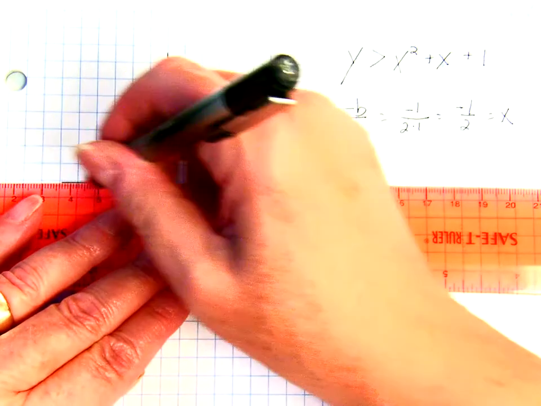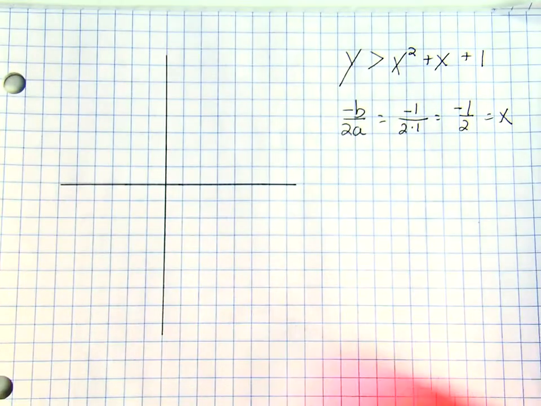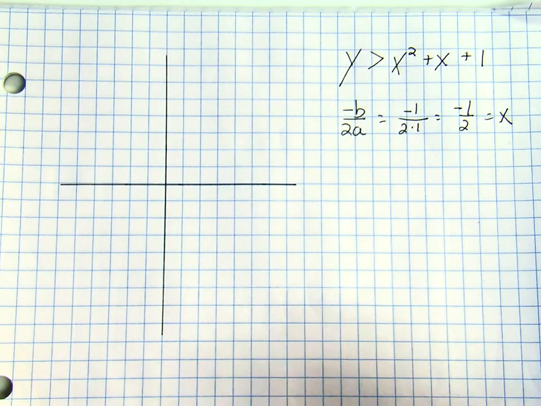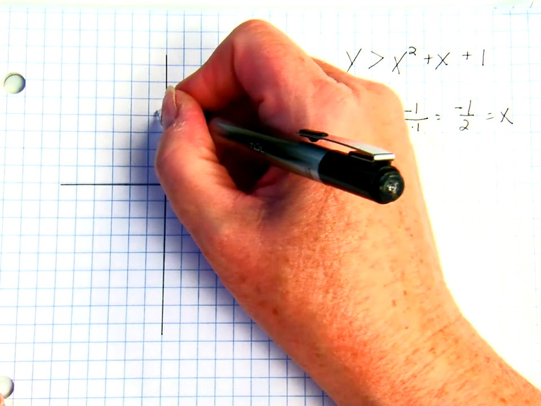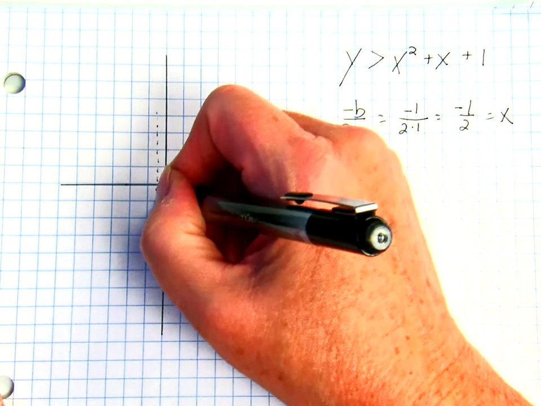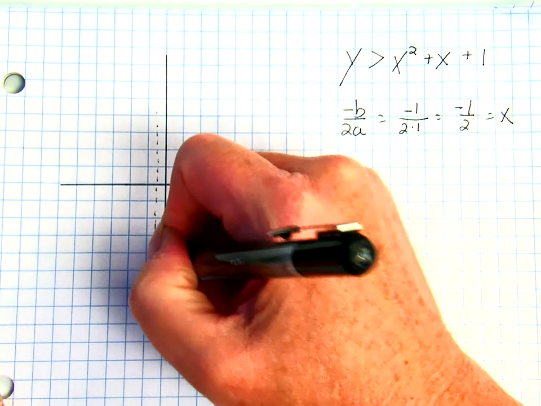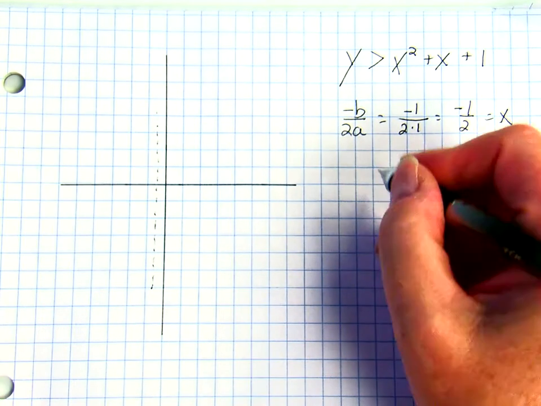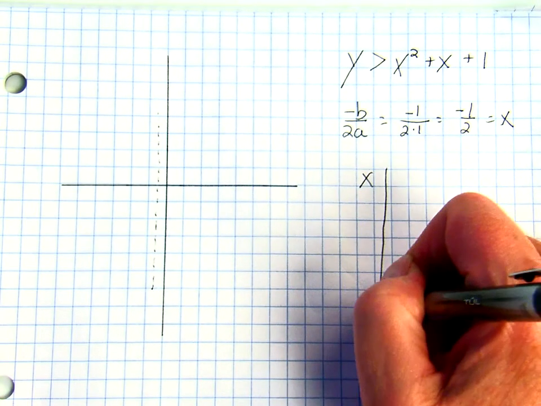I am going to go to my negative 1/2. I'm going to put a little line down there. Okay, and now my chart.